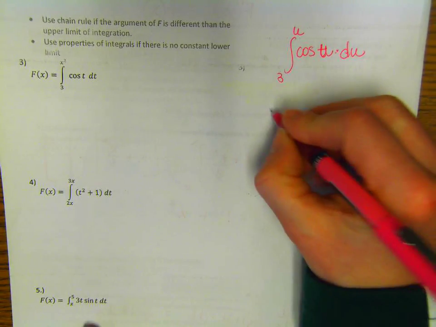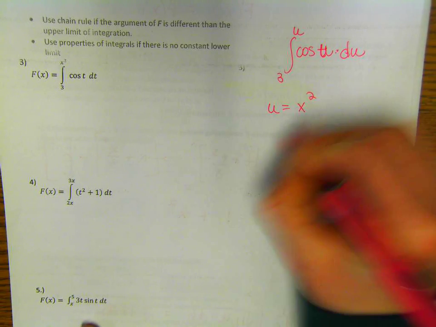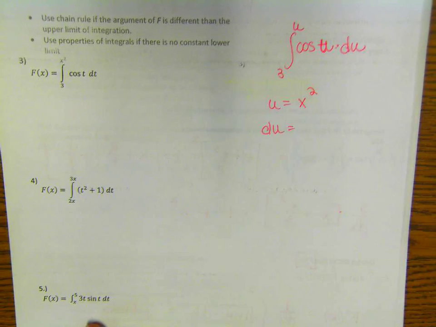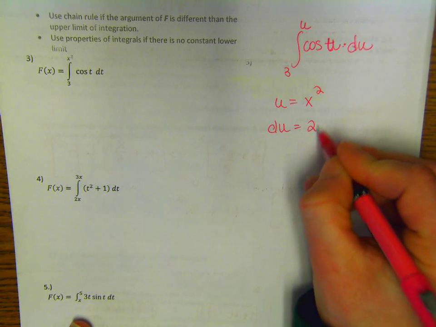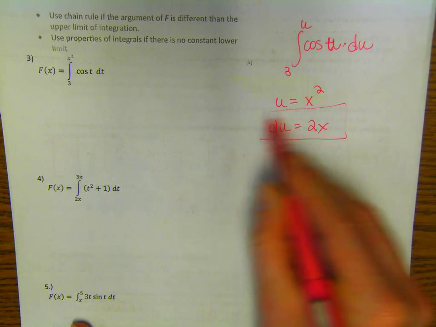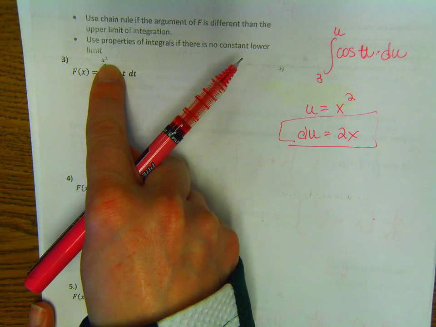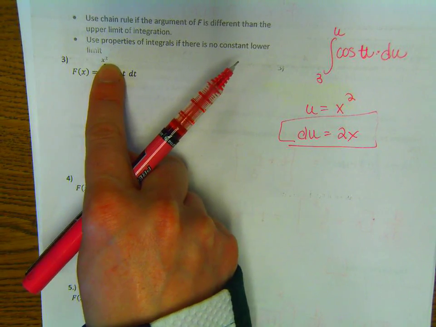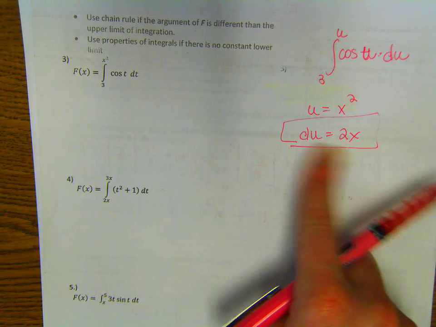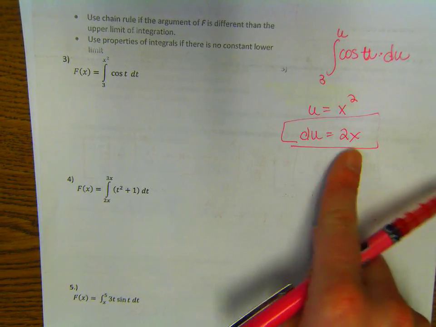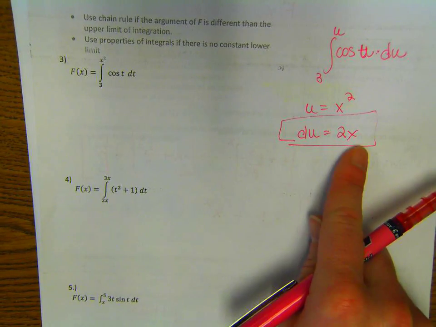But if I said let u equal x squared, then what is the derivative? 2x. And so what I have to make sure I do is if it's something other than x, I can still use the canceling thing, but then I have to make sure I multiply by the du, okay? Or in this case, the dt.